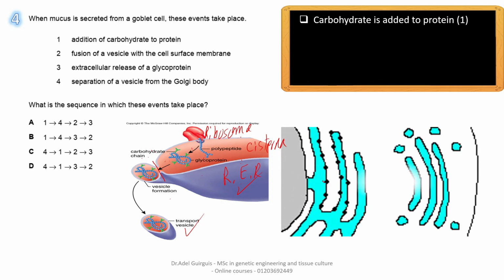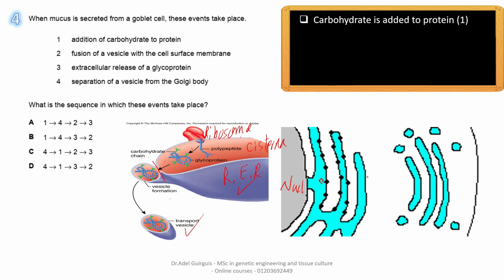Look here, nucleus, okay, rough endoplasmic reticulum, on it a lot of ribosomes like these black dots. Look, a polypeptide chain is formed. Okay, movement within the cisternae of rough endoplasmic reticulum, folding and addition of carbohydrate part.